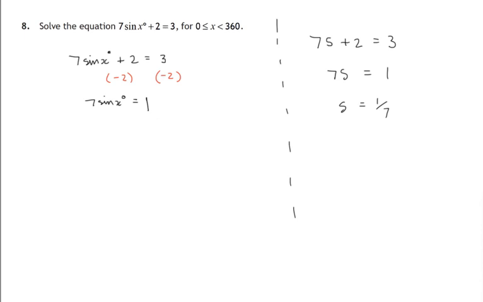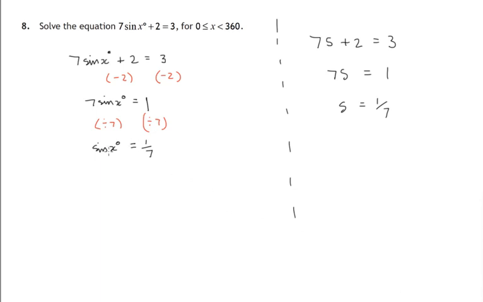Same action to both sides. 7 lots of what we want, so we undo that times 7 by dividing both sides by 7. So that results in 1 sine x, the 7 disappears, and 1 divided by 7. So we've done precisely what we did in this algebraic equation to this trigonometric equation, and got a value for sine x equals a 7th.